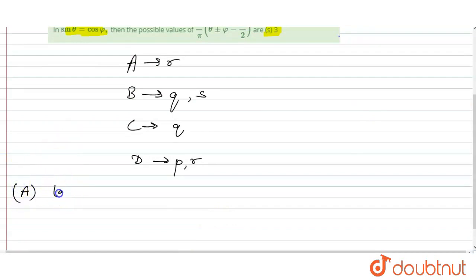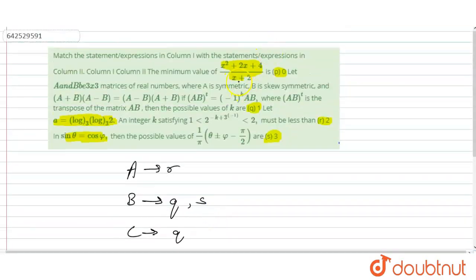In A we have that y is equal to x square plus 2x plus 4 over x plus 2, right?